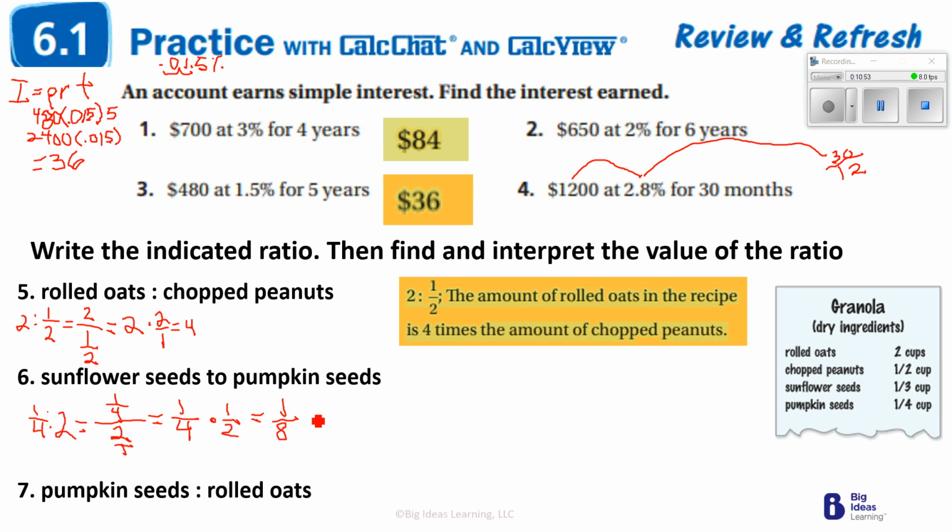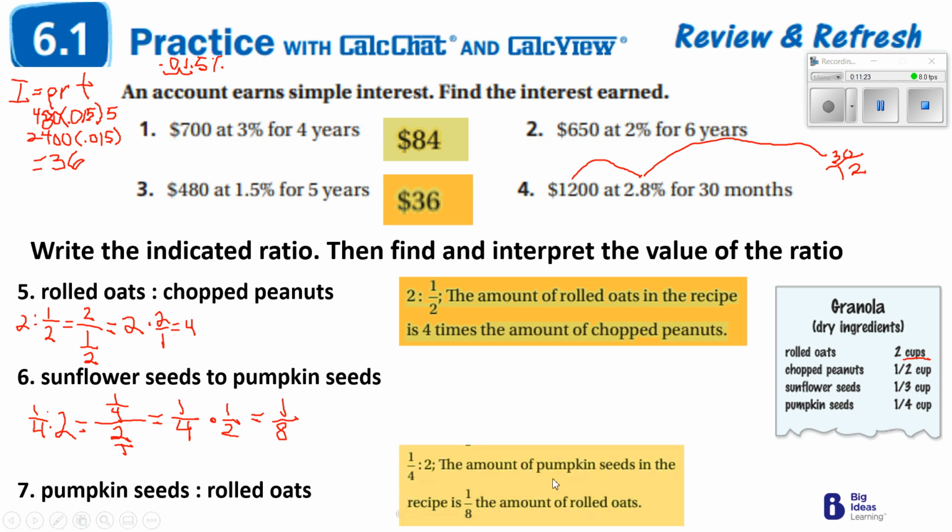Right? So what is this telling me? It's telling me that, remember we're dealing with number 7 here, right? That we're going to have 1/8 pumpkin seeds, okay, for every 1 oats, right? For 1 cup of rolled oats, it says here, we'll have 1/8 cup of pumpkin seeds. Let's check our answer.